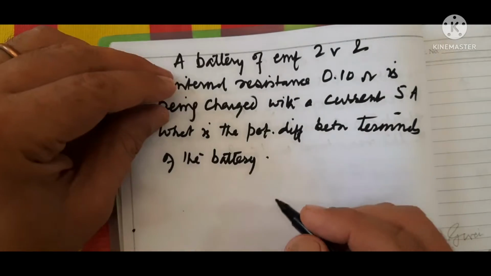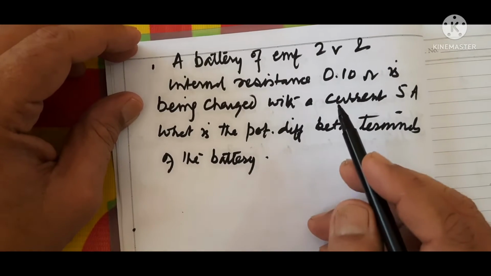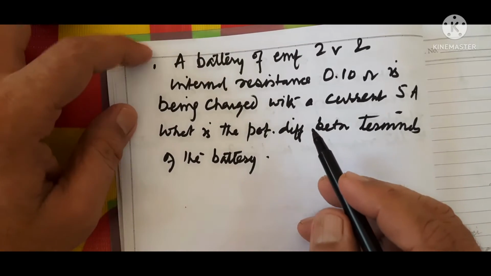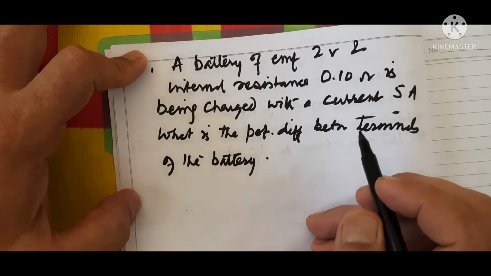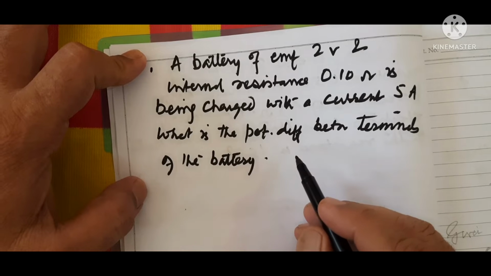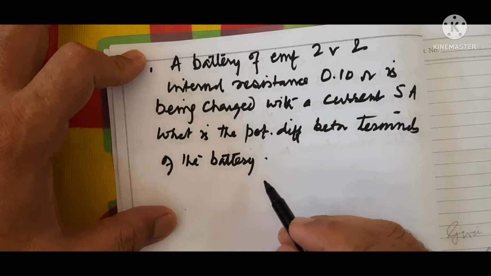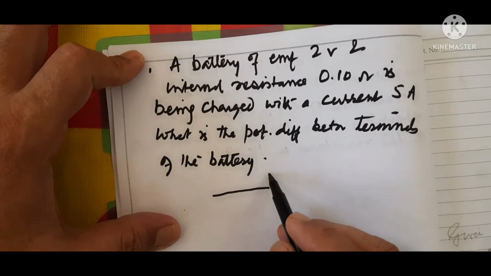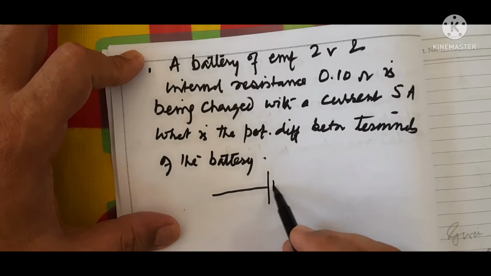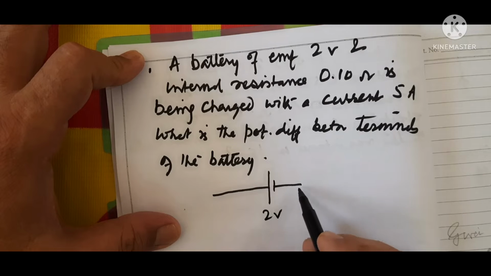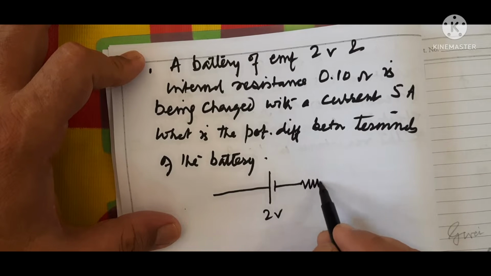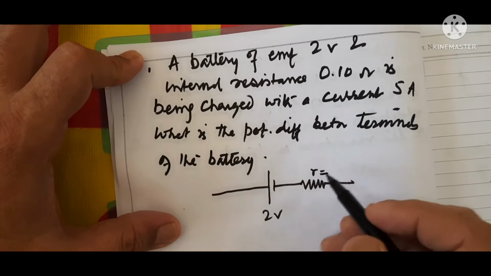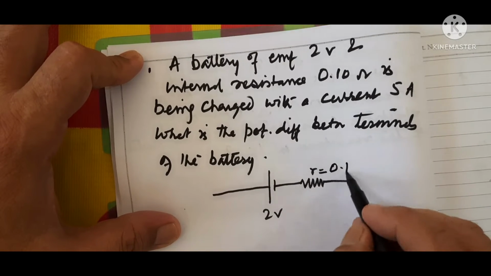A battery of EMF 2 volt and internal resistance 0.1 ohm is being charged with a current of 5 ampere. What is the potential difference between the terminals of the battery? This is a battery of 2 volt and internal resistance 0.1 ohm.